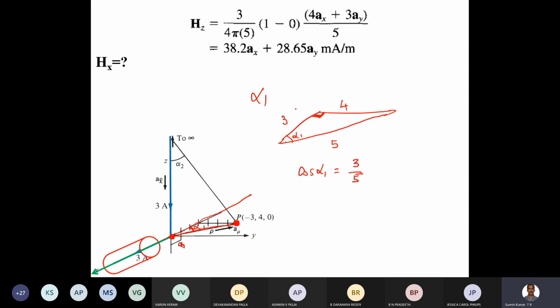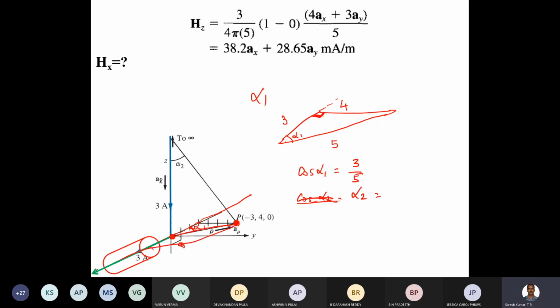Approximately estimate these things from the picture. Since 4 is the radial distance, this will be 90 degrees. So cos alpha 1 is 3 by 5. Now you can calculate alpha 2. What is alpha 2? This is alpha 2.